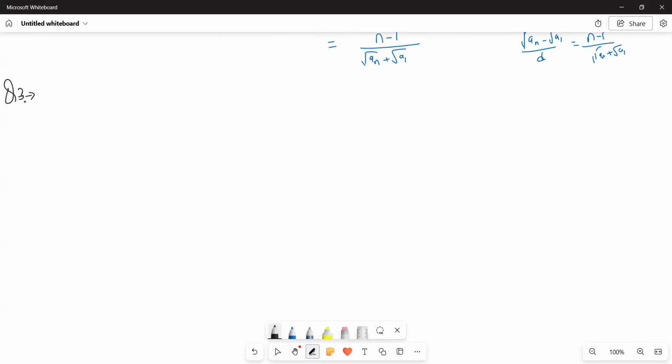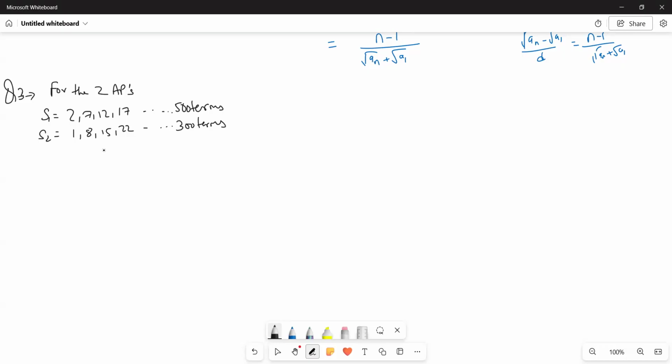Okay, next question. For the two arithmetic progressions, S1 being 2, 7, 12, 17 up till 500 terms, and S2 being 1, 8, 15, 22 up till 300 terms.